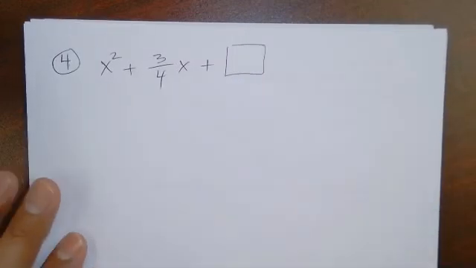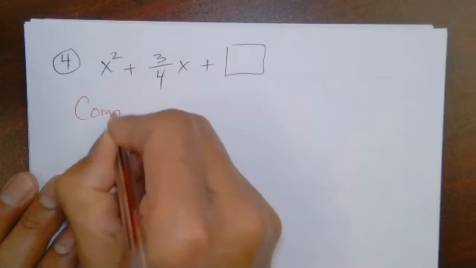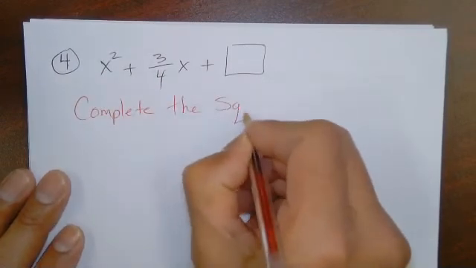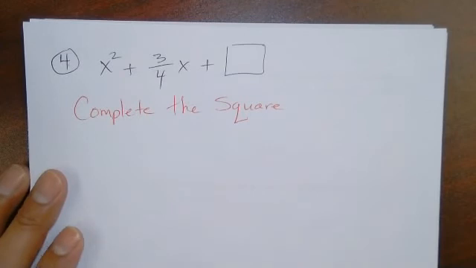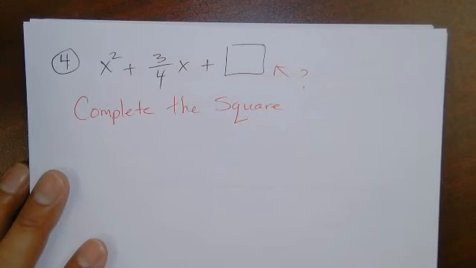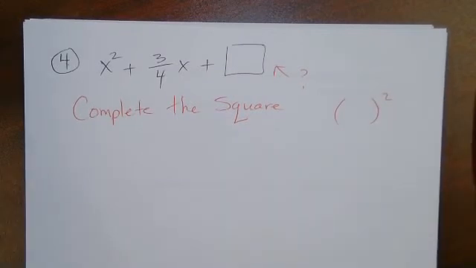So we're going to complete the square, right? Completing the square again involves 2 parts. You need to find out what number goes here to make it work. And then you also got to tell me what the parenthesis squared is going to be, right?